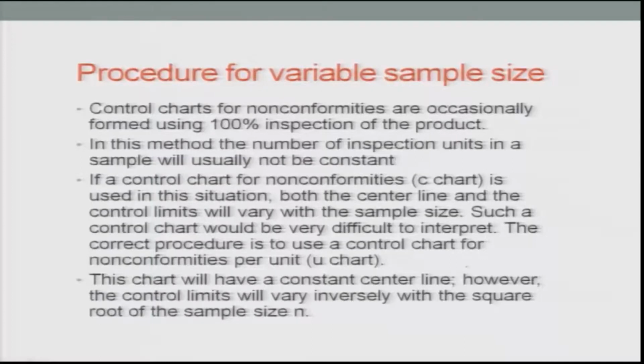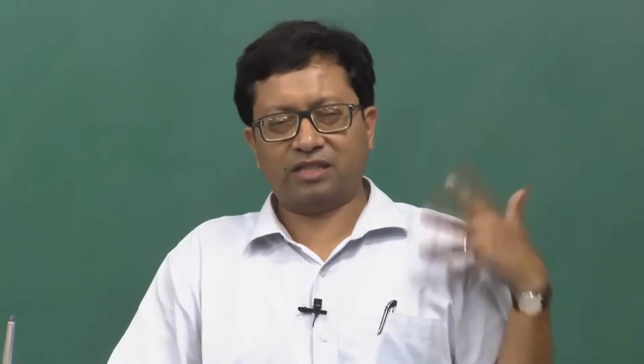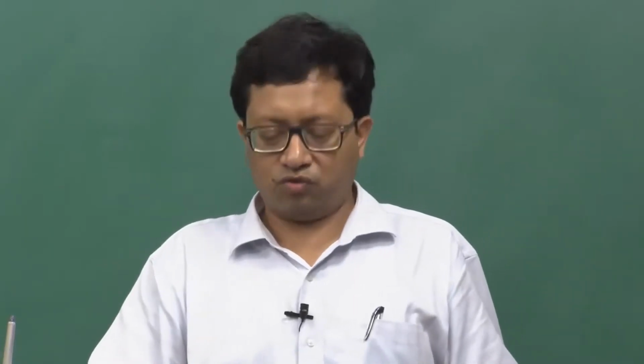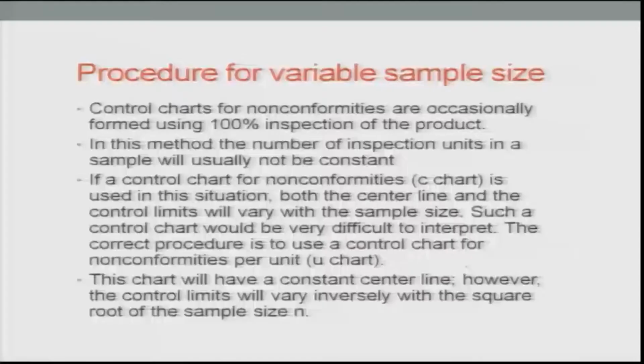Such control charts would be very difficult to interpret, because they are changing, which means the central line is changing, and the upper and lower control values are changing. So what we want to compare against the central line would also be very difficult for us to infer. The correct procedure is to use the control charts for non-conformities per unit, which are the U charts. These charts will have a constant central line.